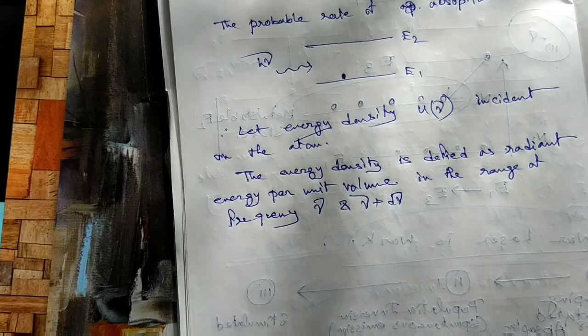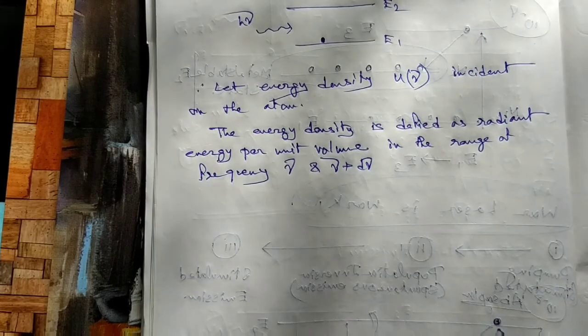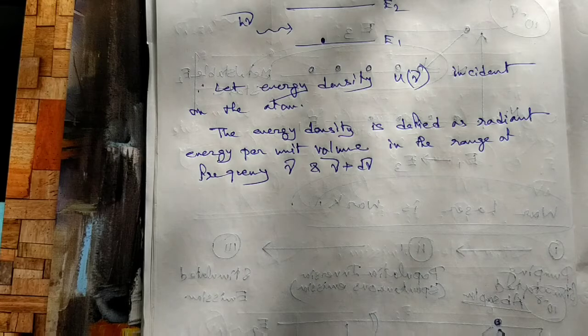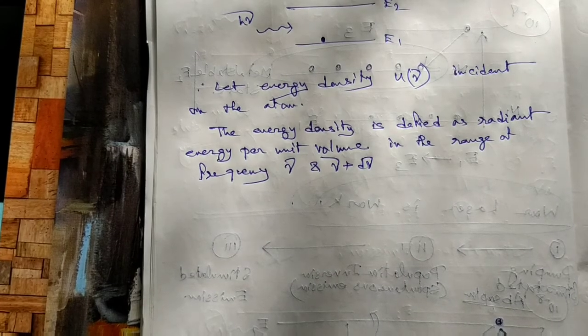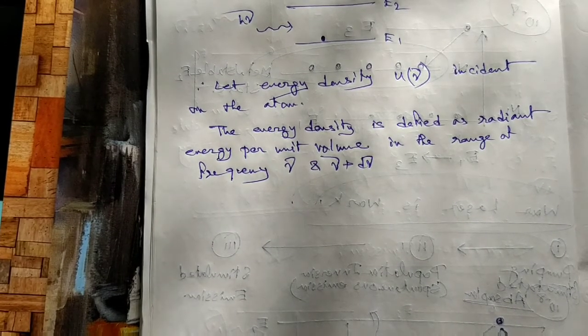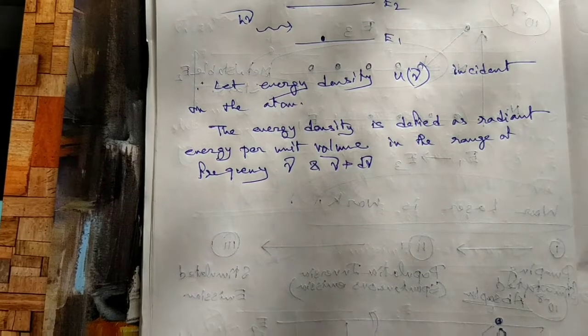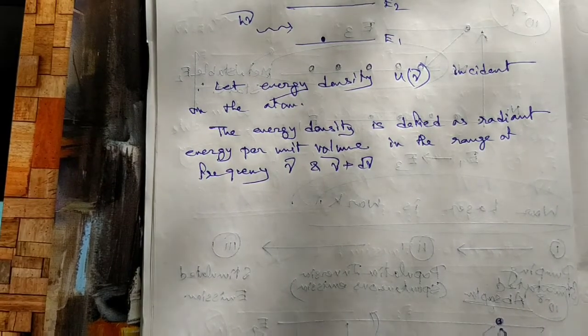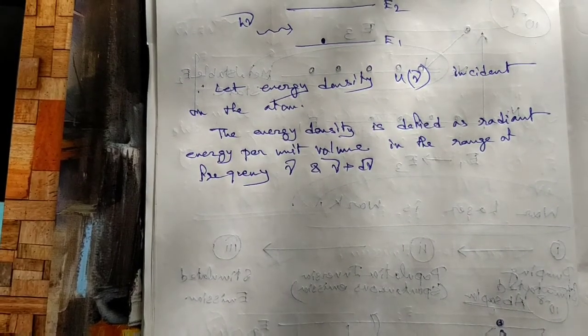So the energy density is defined as the radiant energy per unit volume in the range of frequency nu and nu plus d nu.